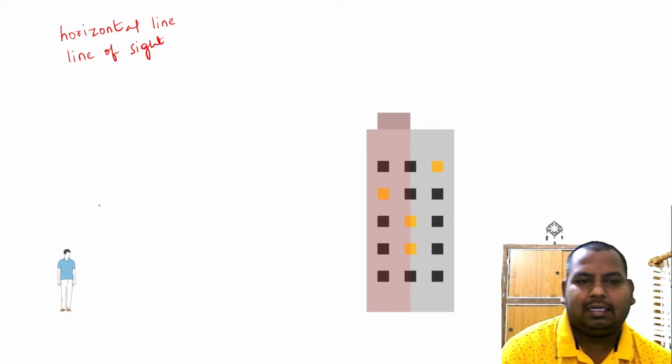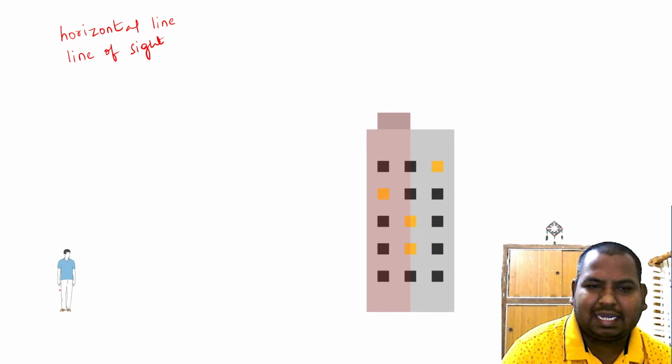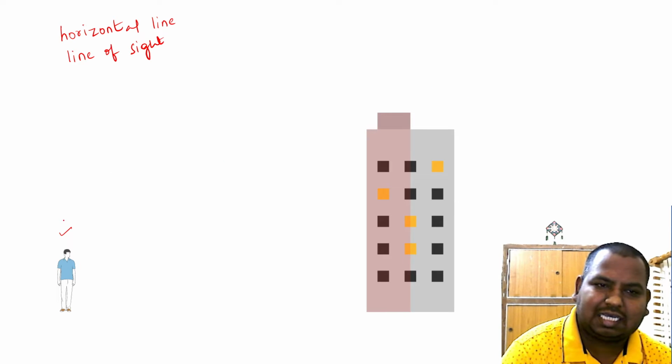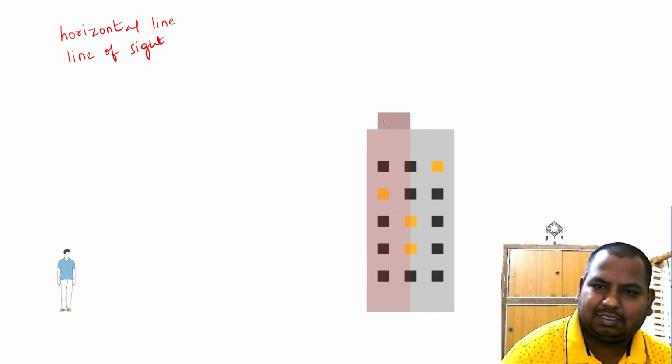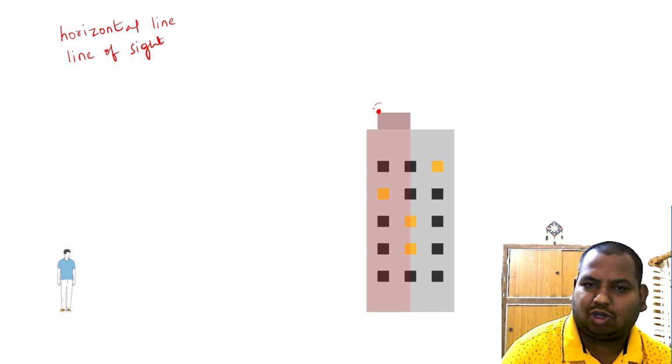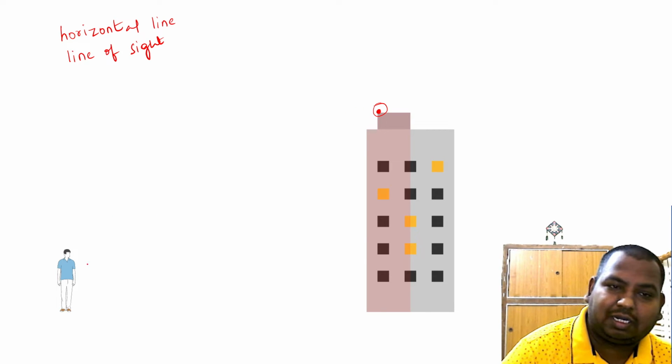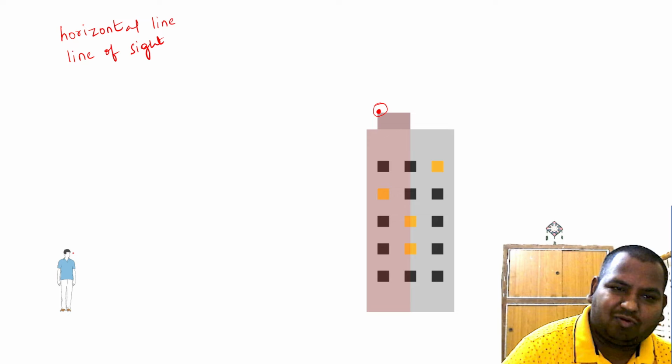For example, this man is standing on the ground and there is a building. He is observing the top of the building. So let me join the top of the building with the eye of the person.